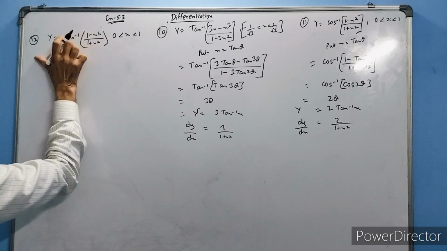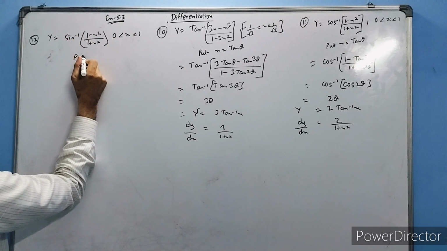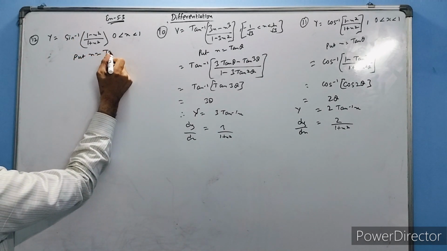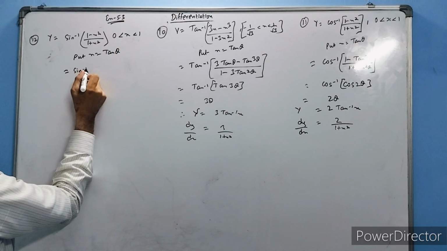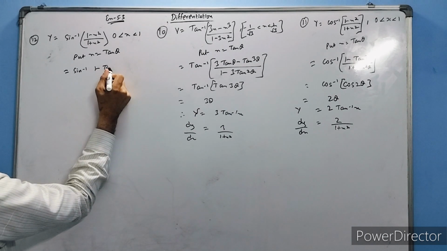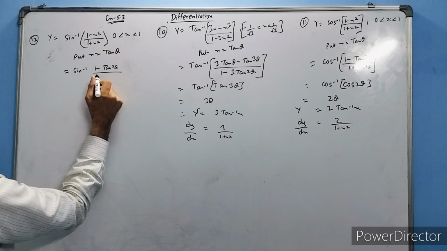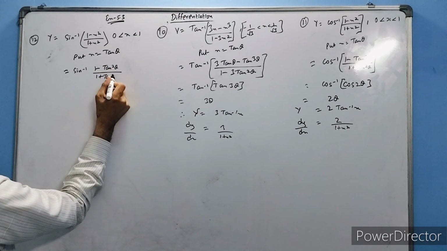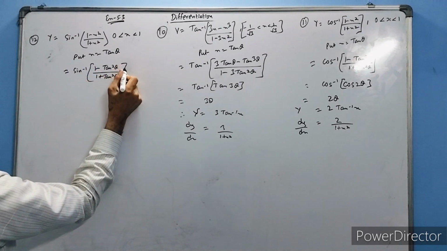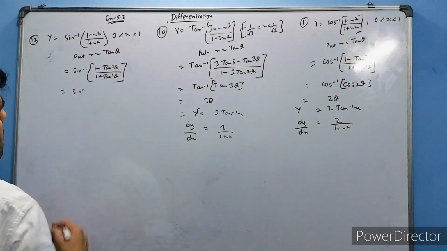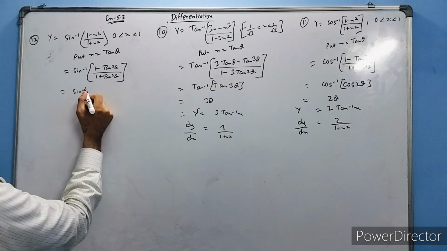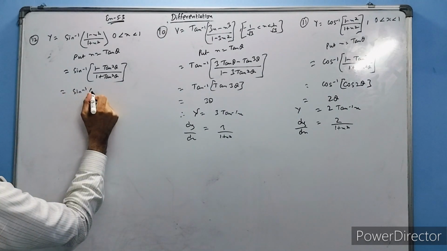So what we'll do? We'll first put x is equal to tan theta. So we have sine inverse (1 minus tan square theta) upon (1 plus tan square theta). So here that will be cos 2 theta.